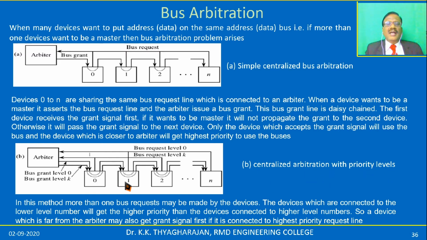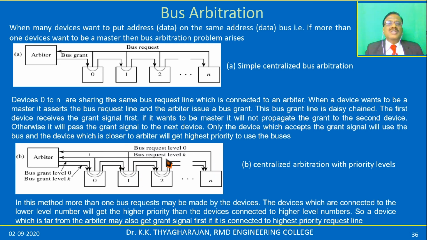Here again there are n devices, but these devices are not connected to a single bus request line. Instead, there are k bus request lines. Bus request level 0 is connected with device 1 and device n.